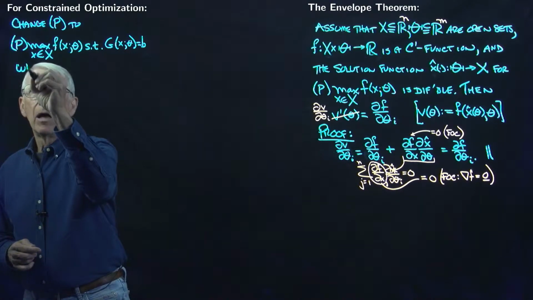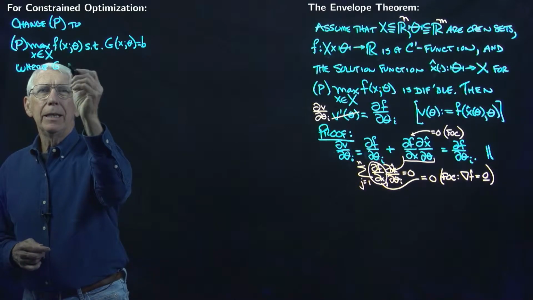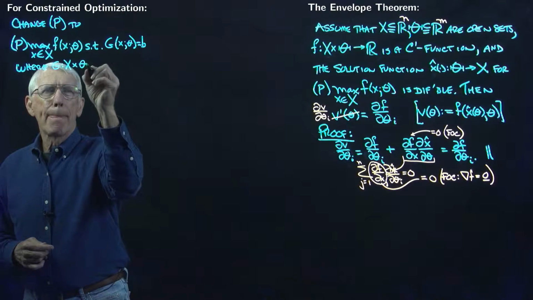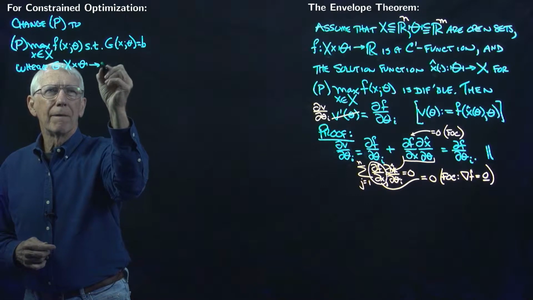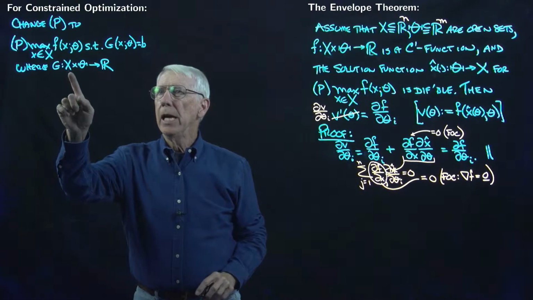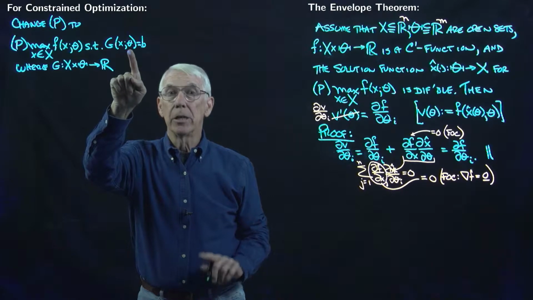Where G, just like the objective function, has both decision variables and parameters in it in general.